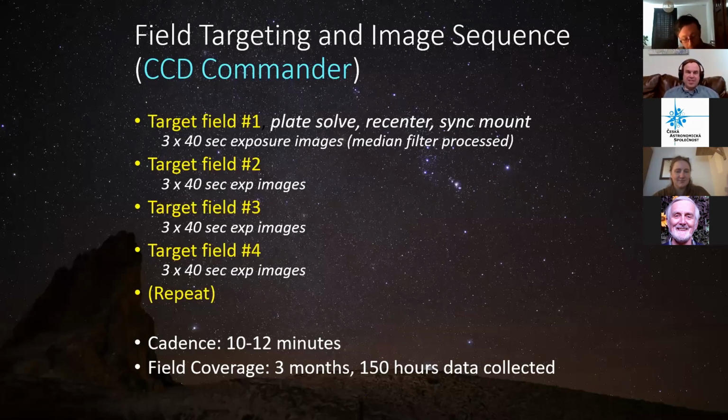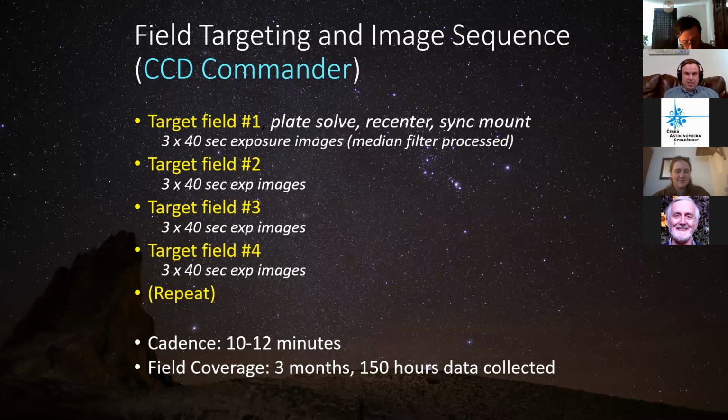This is using CCD Commander, what the image sequence is on the telescope. So there's 4 fields. For each field, we take 3 images, like target 1, 3 images. They're 40-second exposure lengths, and then you would move to an adjacent field 2, field 3, and field 4.